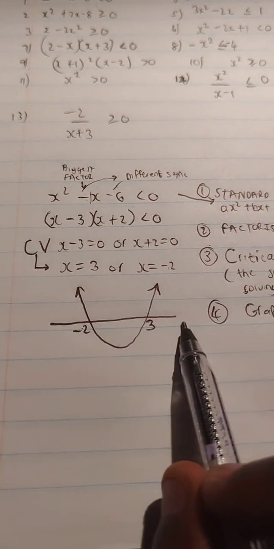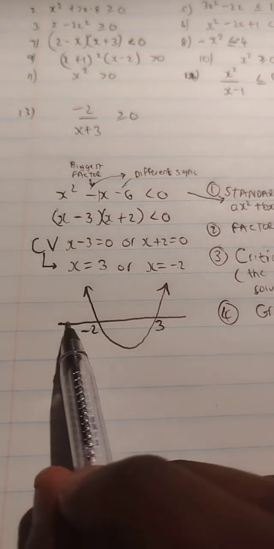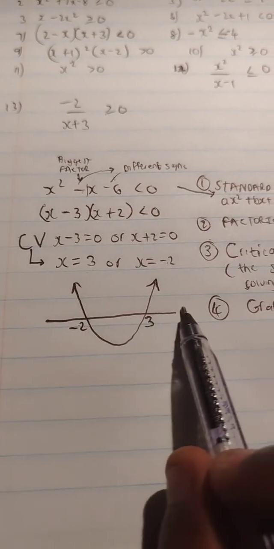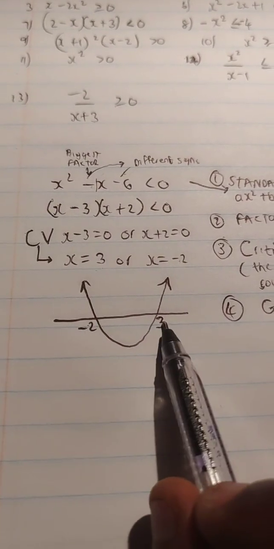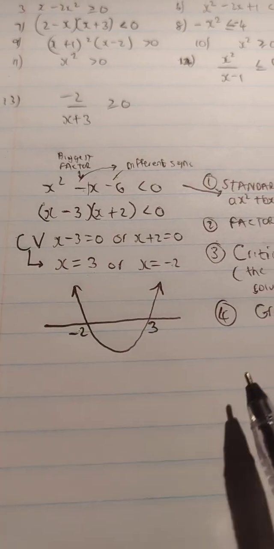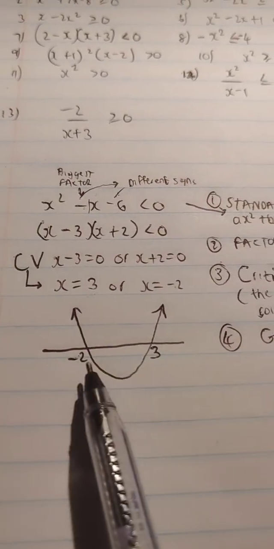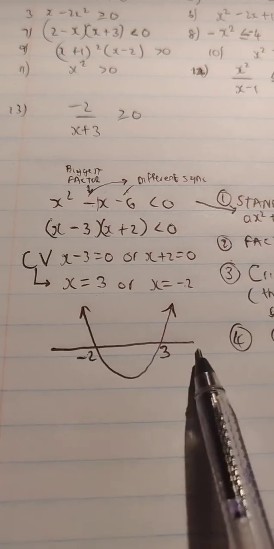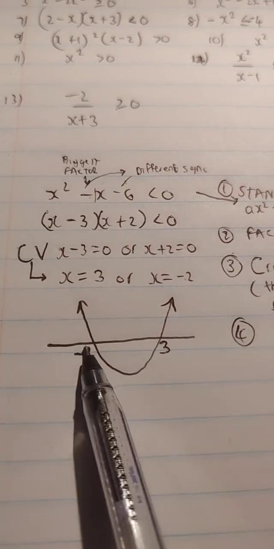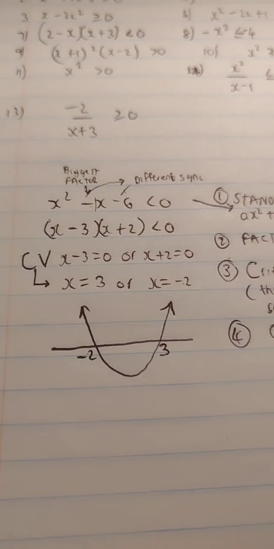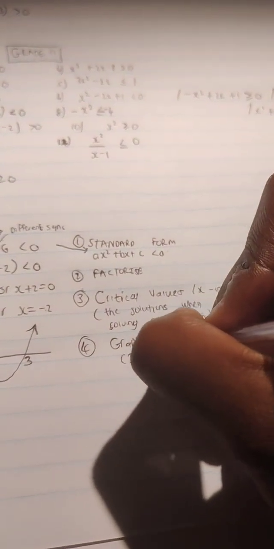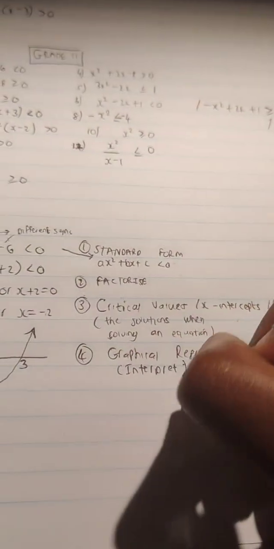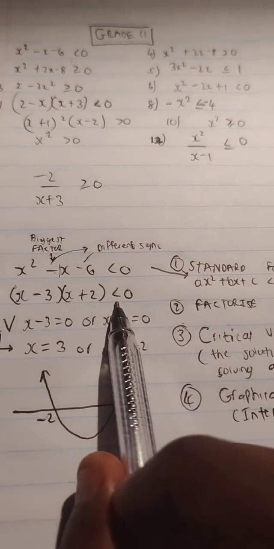This is the x number line, negative 2 and positive 3. So your critical values are written as x-intercepts on your parabola. Then you need to now interpret your inequality.